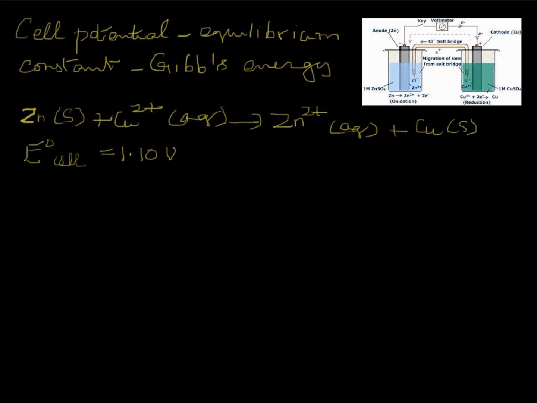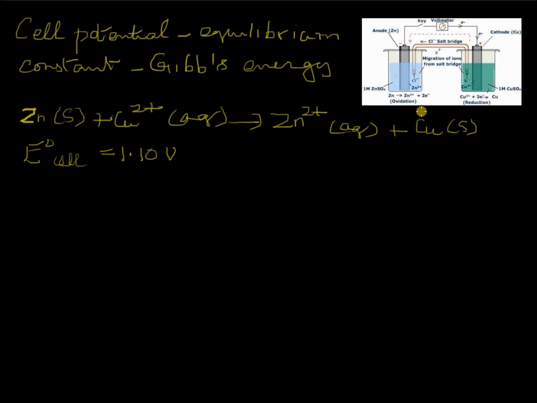At this equilibrium state, the concentration of the copper ions and zinc ions has reached a value which will not change anymore. So we say the concentration of these zinc ions has become constant. In the same way, the concentration of the copper ions also reaches a constant value. There won't be any more change in that.